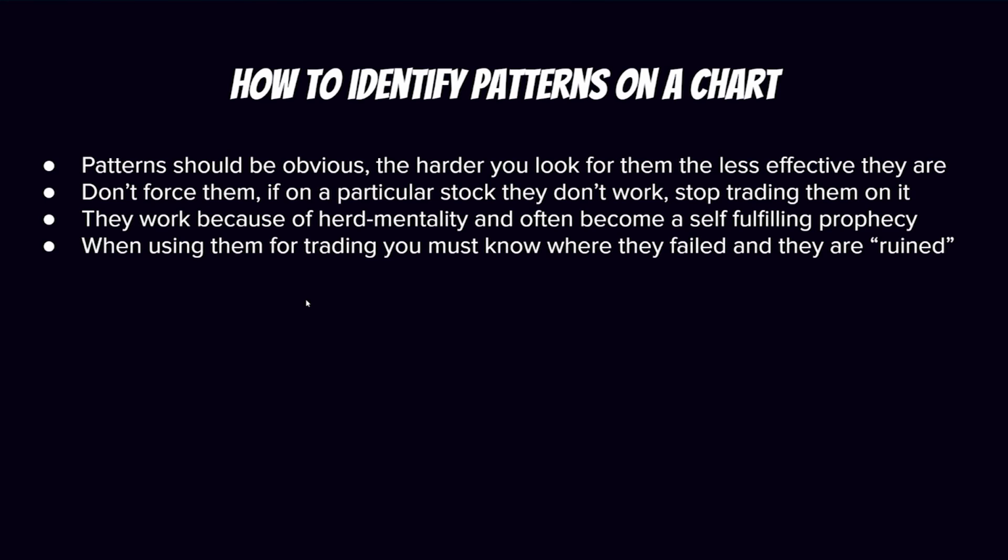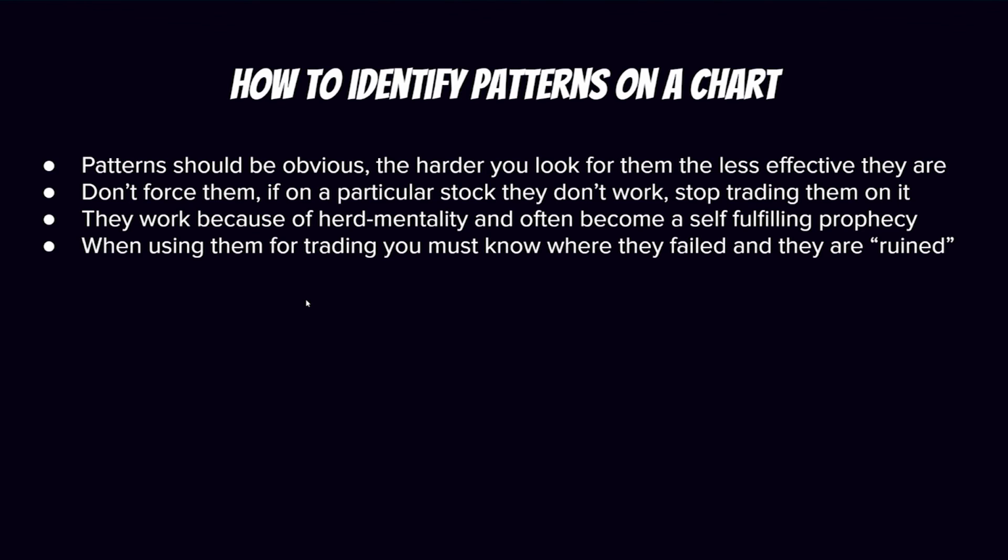If you see that they don't work on a specific stock for any reason, even if there are many traders watching the stock moving, but you see that 3 flags out of 4 fail to become a continuation, then stop trading them. In that occasion, yeah, maybe the 4th will be the right one, but again, people are going to watch what happened in the past and how the pattern resolved, and base their decision on it.